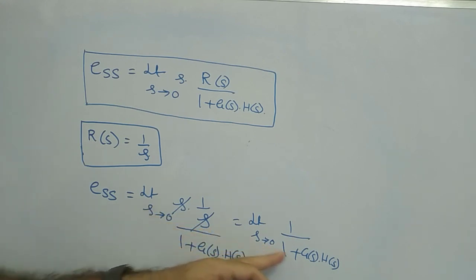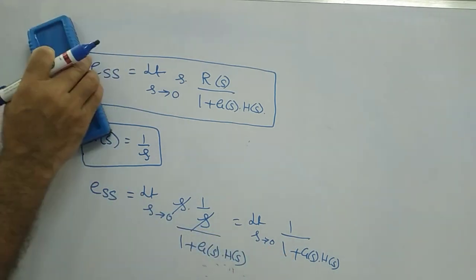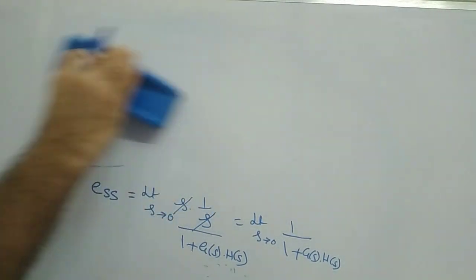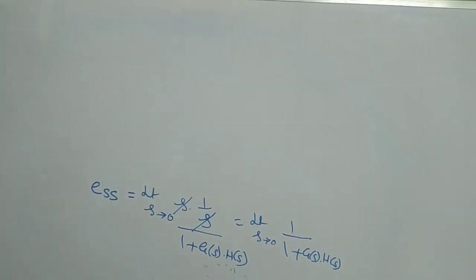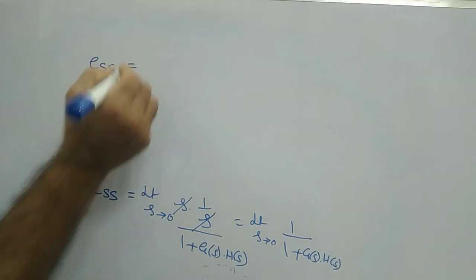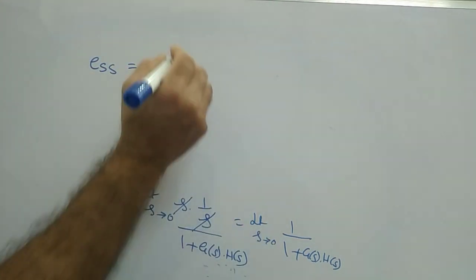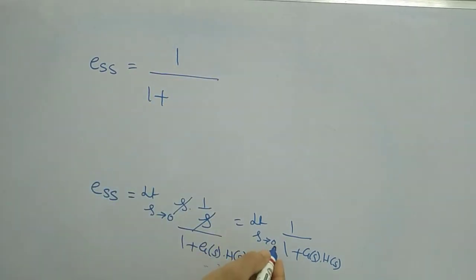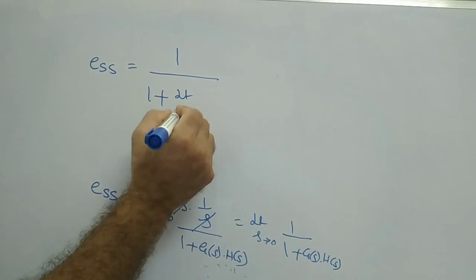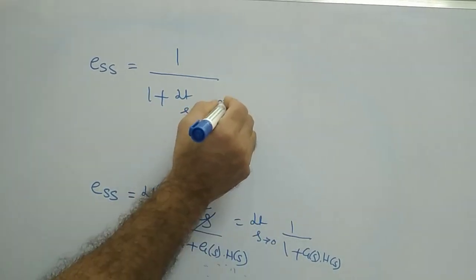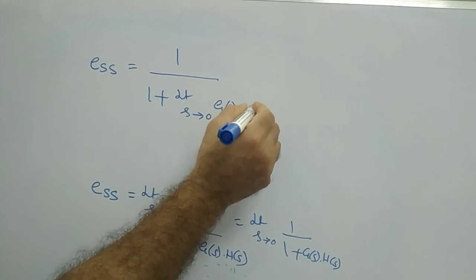Therefore, further this can also be written as ess is equal to 1 by 1 plus limit s tends to 0 of G(s) H(s). Clear?